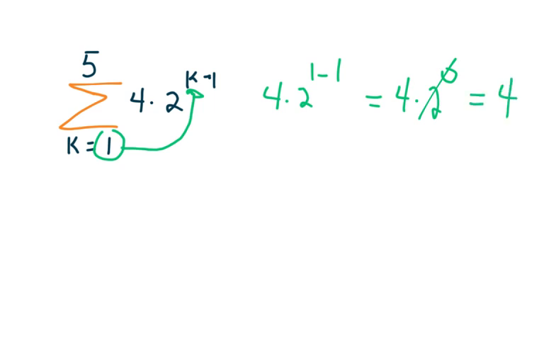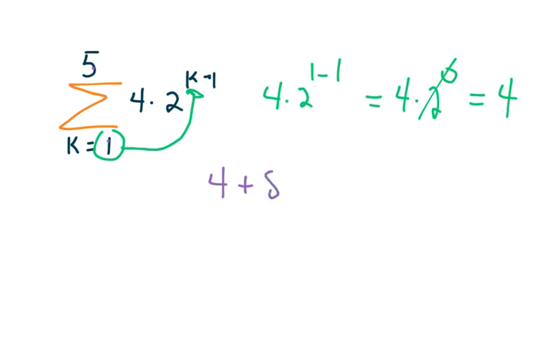Realize you should pay attention to that, because that's where on your final exam or test potentially you would do some manipulation. So be careful of that. So the first term is 4, and it's doubling. I want the first 5 terms from 1 to 5.